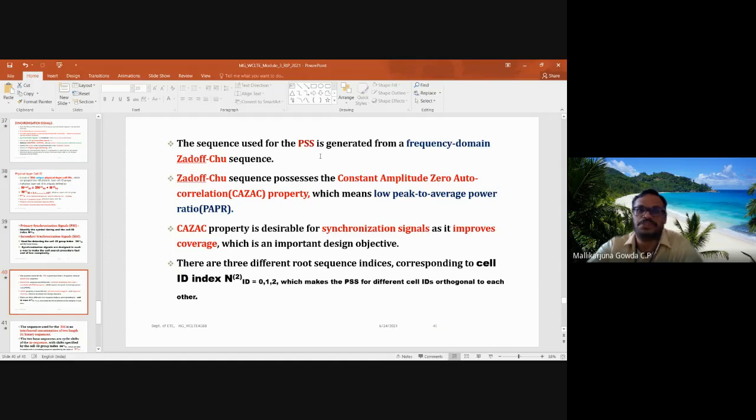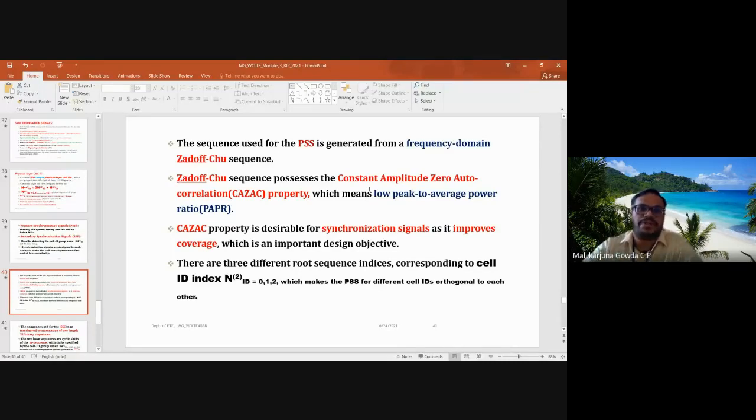Frequency domain Zadoff-Chu sequence. This sequence has the property of constant amplitude and zero autocorrelation, so it will have a low peak to average power ratio. PAPR will be low with that.